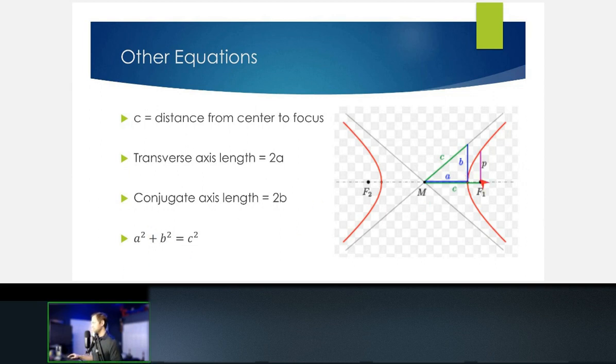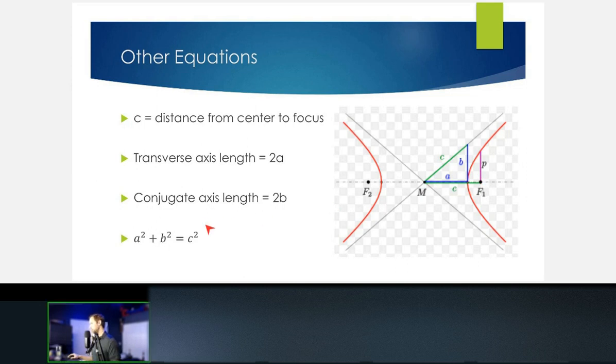Now, this is a little different because we are using it directly. So we have a squared plus b squared. Now, the distance from this center to this diagonal point, that's a distance of c, which is the same distance from the center to your focus point.